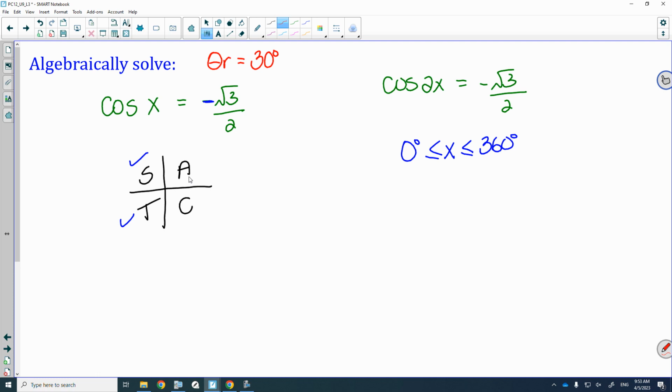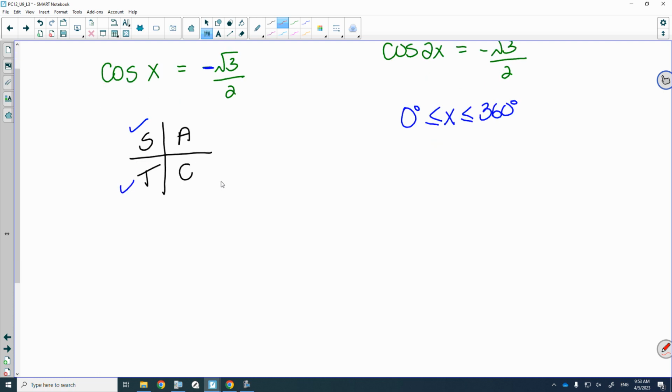And then we said, okay, we need to put a terminal arm in this quadrant, which is what we already did in the previous question. And we know that 180 minus 30 would give me an x value of 150 degrees. And we know that 180 plus 30 would give me an x value of 210 degrees. Okay, so that's how we got those two solutions of 150, 210.